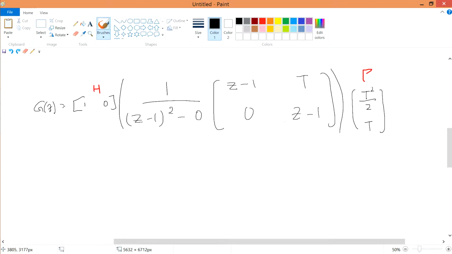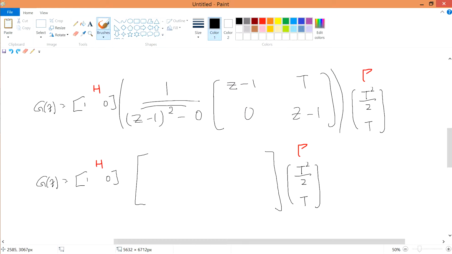Next I'll multiply this in so that at least this is a constant and this is a matrix. If I put them together, it will be nice. So z minus 1 times 1 over z minus 1 squared, I will have 1 over z minus 1.